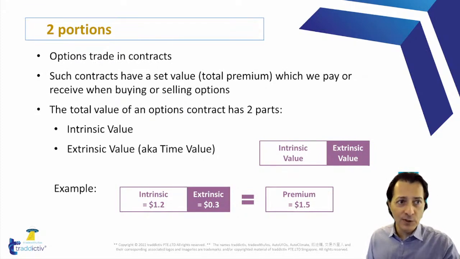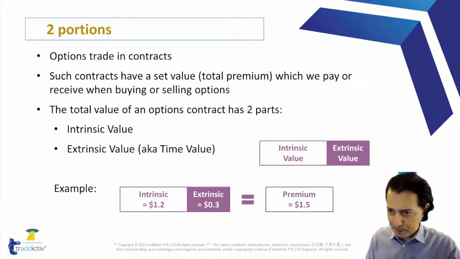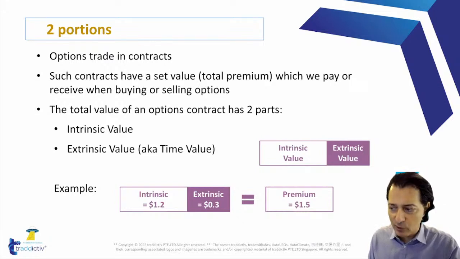So the first thing we need to know is that each contract has two pieces of value that, put together, give us the total premium to be paid or received when buying or selling the contract. Now we need to understand better what is intrinsic and what is extrinsic.